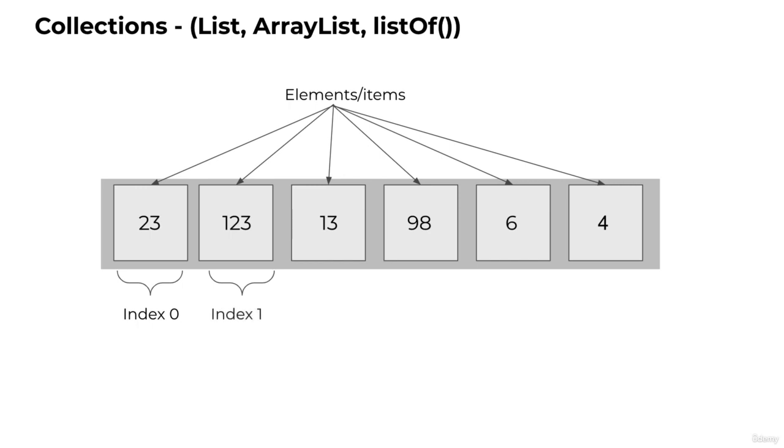Index 1 will have 123 and so forth. So that is the visual representation of a collection. It could be a list, array list, listOf, and so forth. Now, like I say, there are different kinds of collections, but this is the base of collections, where we have elements inside of slots that are numbered as indices. So index 0 is going to be the first slot, and 1, the second slot, and so forth.